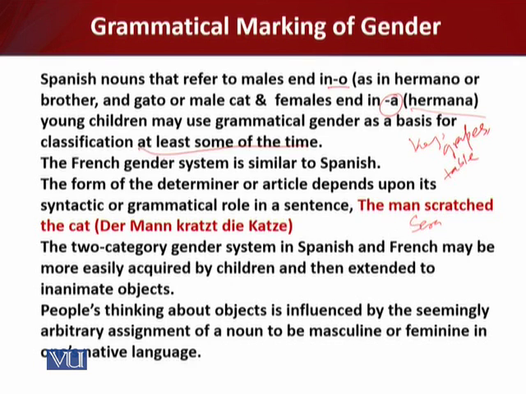In German, however, there are three gender categories: male, female, and neuter. German also differs from French and Spanish because German determiners mark case as well as gender. That is, the form of the determiner or article depends upon its syntactic or grammatical role in a sentence. For example, consider this.